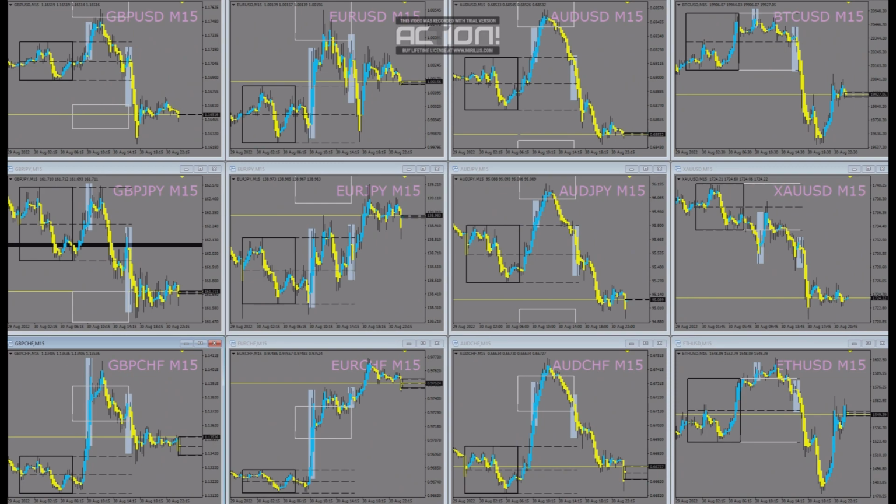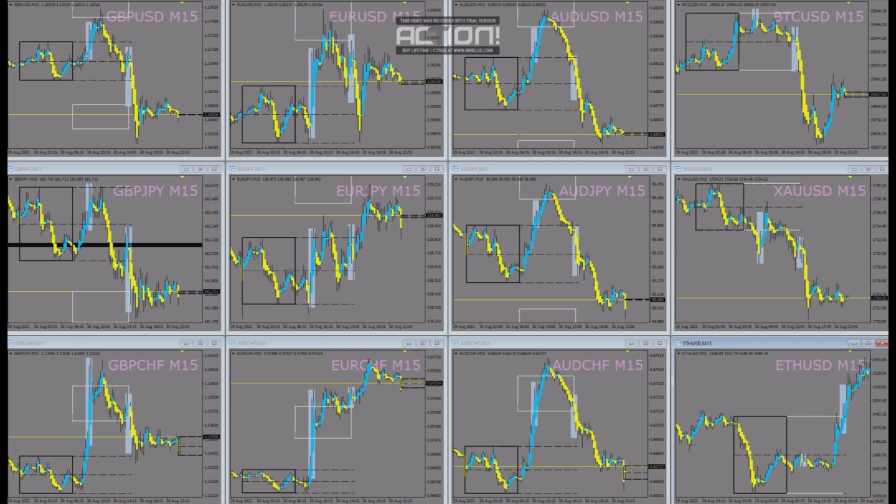GBP CHF for today, Tuesday, gave out a type 2 W buy. Look at that. Type 2 W buy. And then Earthium today gave out a type 1 M sell. But what was the price action for Earthium yesterday? Let's see. It was a type 3 W buy. Very ugly.